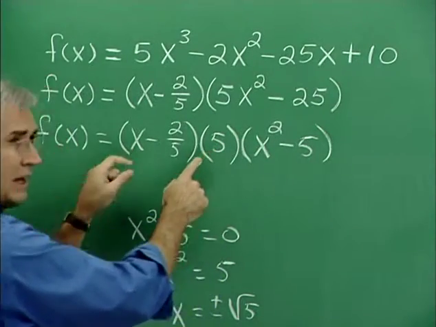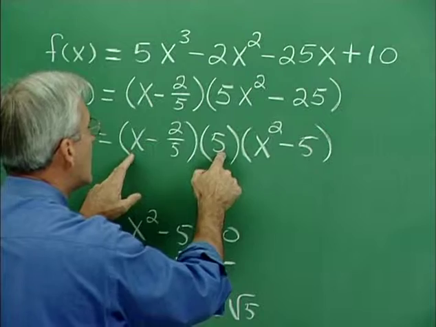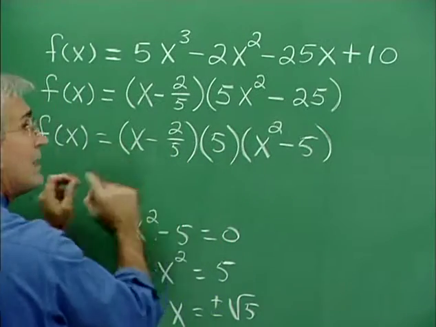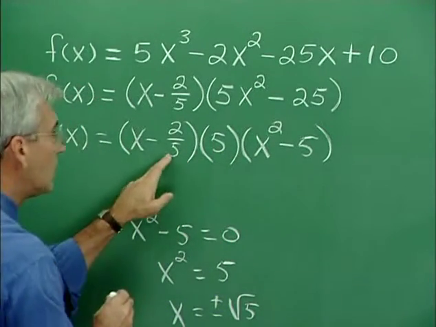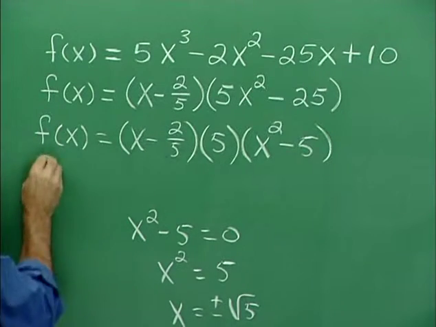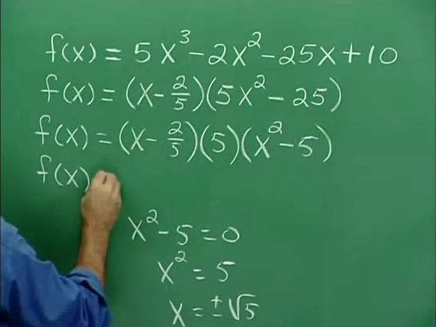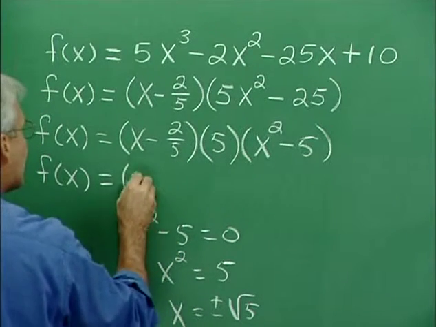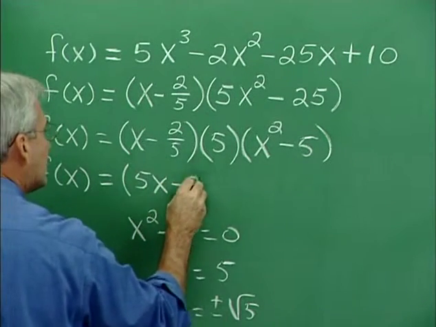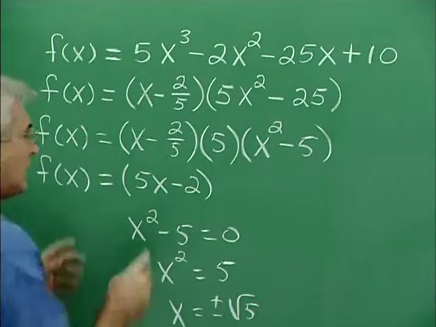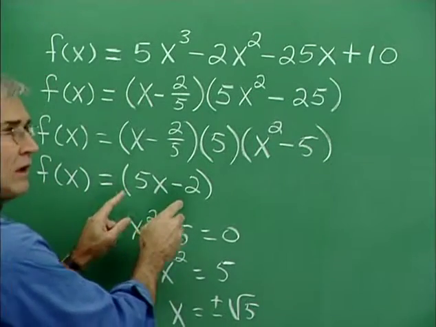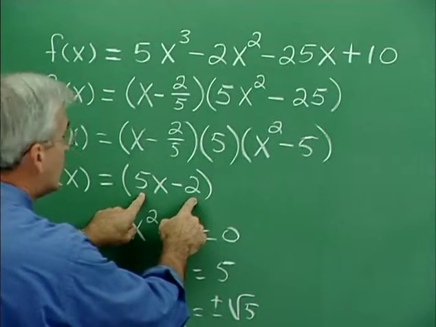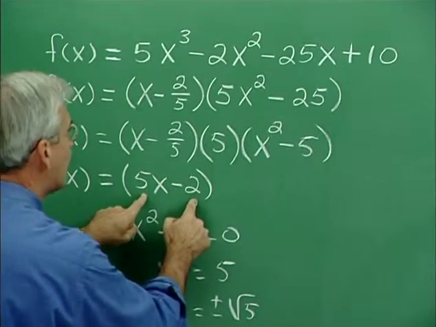And a lot of times that common factor can be multiplied through this binomial factor in order to clear the fraction. Here's what I mean. In this next step, if I multiply 5 times these two, I get 5x minus 2, you see. So I have a linear factor that has rational numbers. Well, actually it has integers as coefficients.